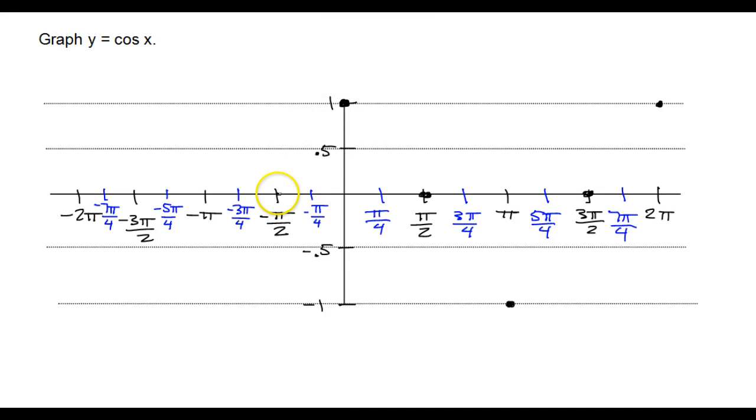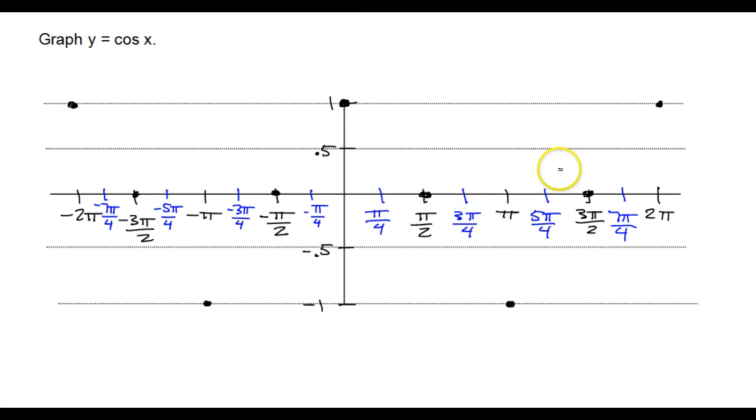So we go down to 0, and then negative 1, then back to 0, and then back to 1. So you can sort of visualize what's happening here. It's going down, and then back up again, and then to the left it's falling, and then rising again.